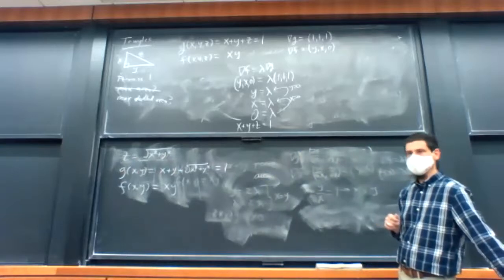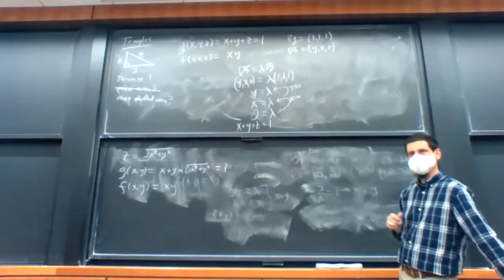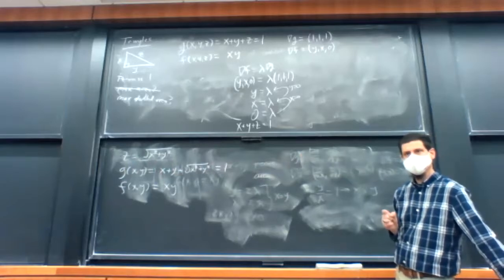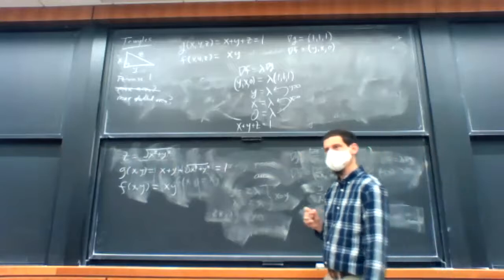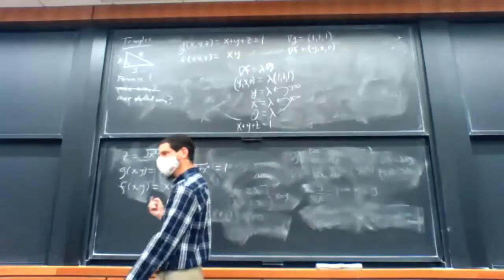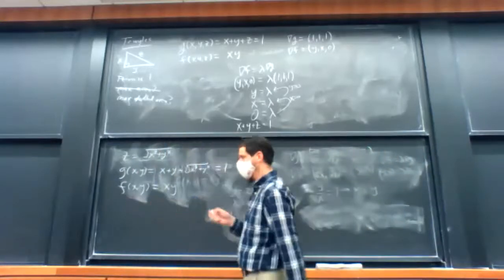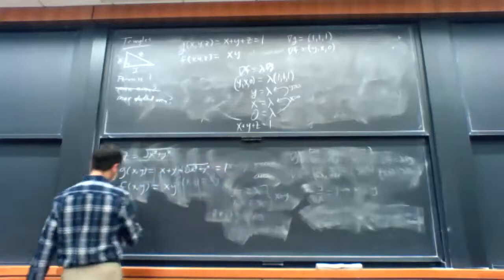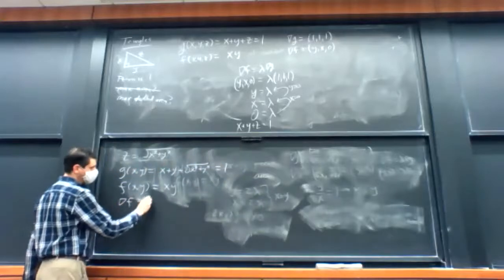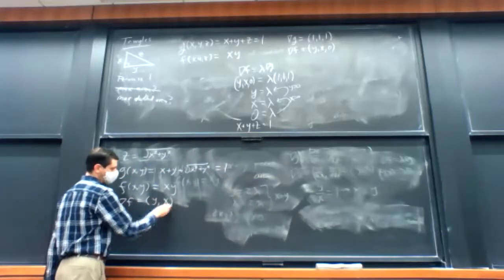So what do we need to calculate? Gradient of g and gradient of f. So one of them isn't so bad. Gradient of f is just going to be y comma x.